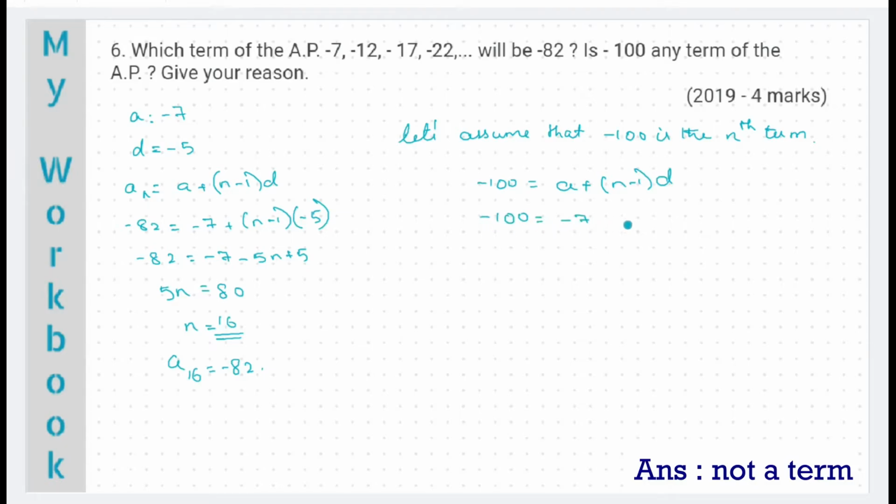Again, A is minus 7. Now, n is the position of a particular term, so it has to be a positive integer. Here we can see that n's value is 98 by 5, which is not an integer. So we can conclude that our assumption that minus 100 is the nth term is wrong.